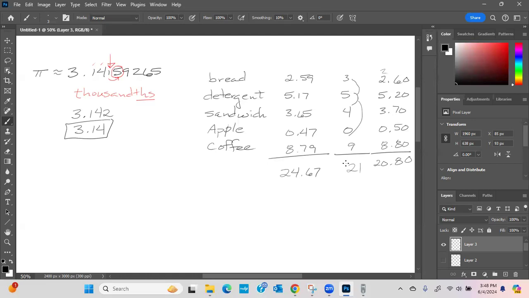Now, if you're not interested in making sure that you're watching your money, you could just pay that 24.67 and walk out and you wouldn't know the difference. The store would make a little extra money and you would be out an extra, what, $3? If $3 doesn't mean that much to you, no big deal.